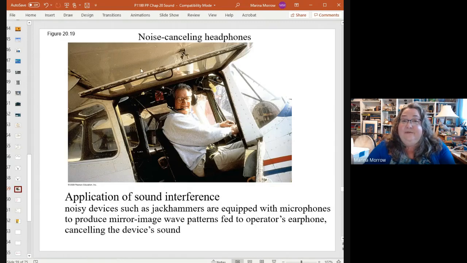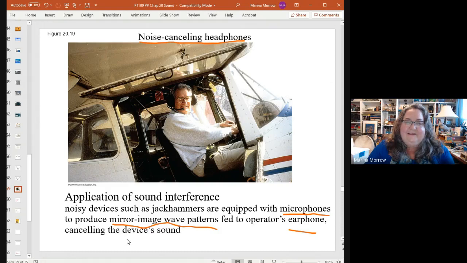Now this can be useful if you want to cancel noise. So noise canceling headphones actually have a microphone that is quickly detecting the sound that's coming in, and then it produces a mirror image wave pattern, an out of phase version that goes into the earphone.